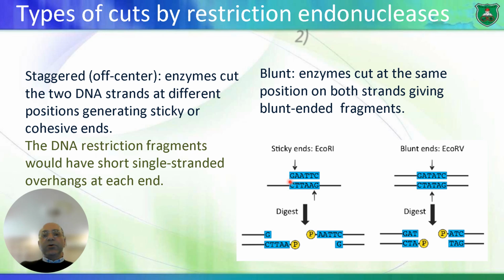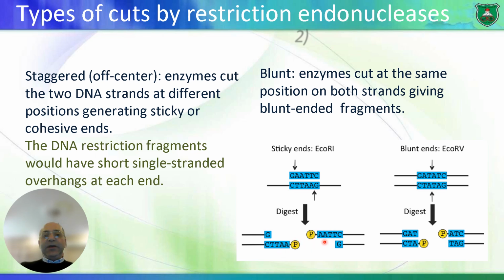So the cut occurs between the G and the A. The G and the A, note that are not in the center, not in the middle of the restriction site, rather on the sides, creating cohesive ends. Ends that have overhangs, right? Now they are called cohesive ends because these ends are complementary to each other.